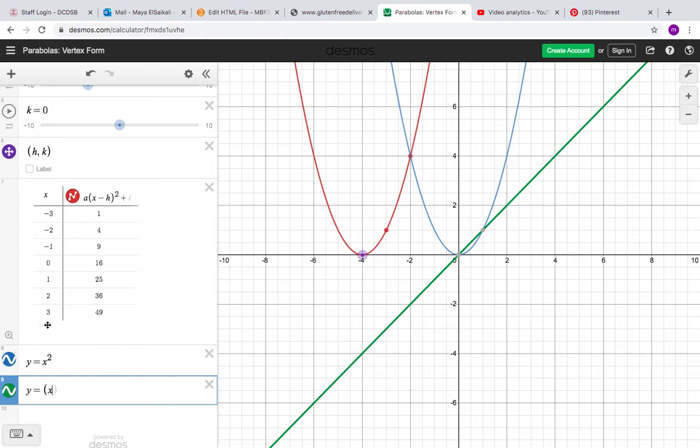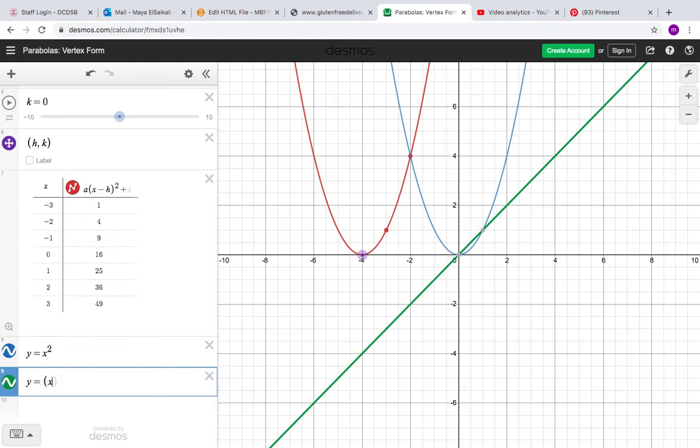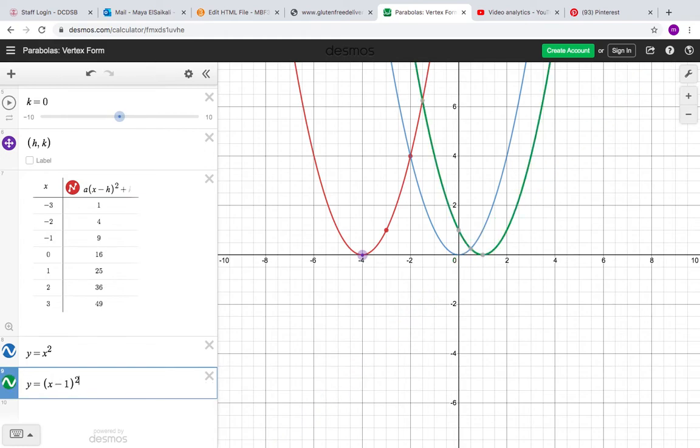Now remember that your equation is x minus h. So if h is 1, it's going to be x minus 1, squared. So if h is 1, my equation is going to look like x minus 1 squared, and it's going to move 1 unit to the right.